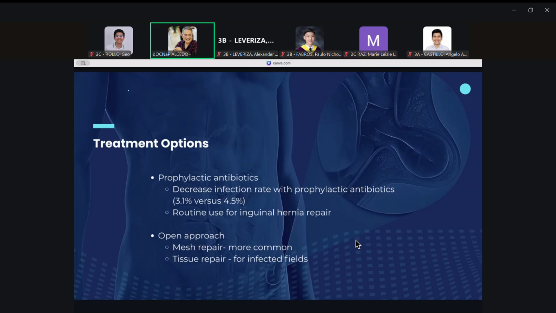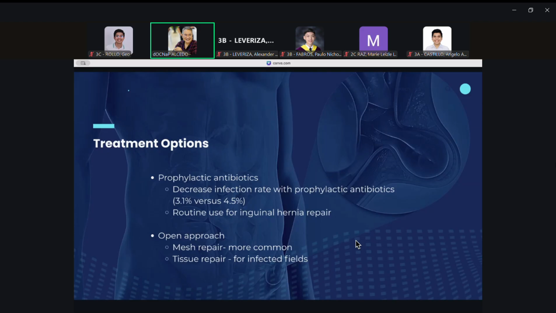And then, of course, we still have to learn how to do tissue repair because sometimes in overtly infected instances, like for example, when you open up a strangulated hernia, there's frank necrosis and you have to resect and there is spillage, then we don't use a foreign body. No, we don't use a mesh because it will increase the incidence of post-operative infection.